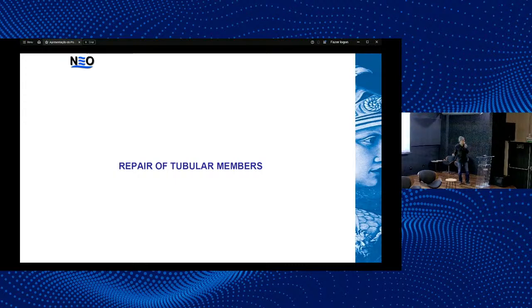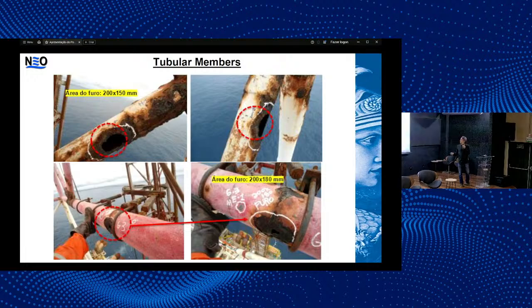So I'll talk quickly about the repair of tubular members. This is a serious problem in aging structures where, due to poor maintenance, they suffer corrosion, not only on the tubular members, but on the joints as well.